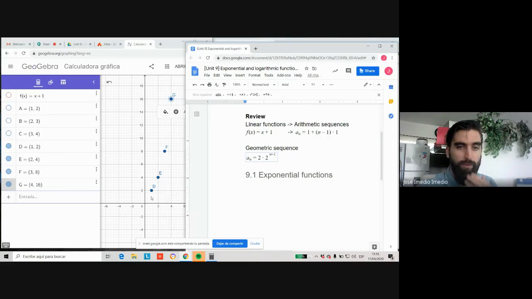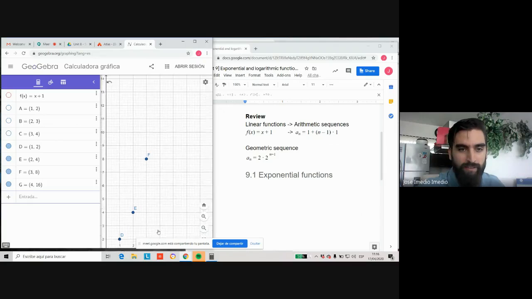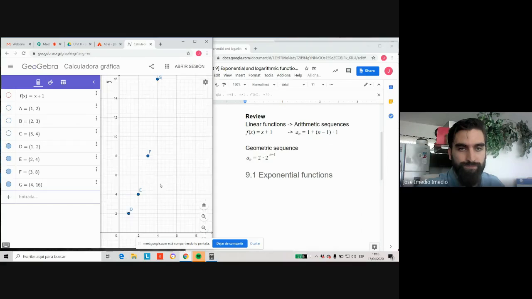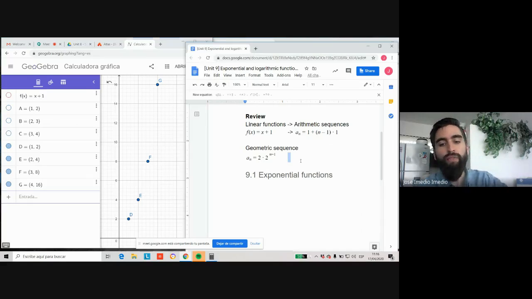So at this point it is 2, then it's 4, 8, 16. This is a geometric sequence, and it is using the discrete variable n, and there needs to be an equivalence, which is the exponential function.